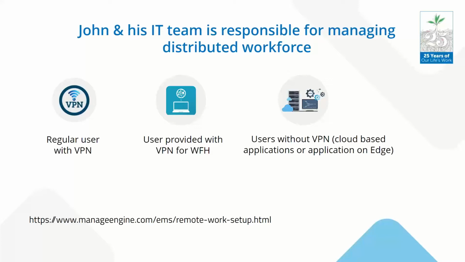So these are the three different types of users that John is dealing with when it comes to remote work. That's a setup that we have also seen in our customers, and that's why there is a link shown on the bottom of the screen that talks about the remote work setup. If you go to that link, it tells you how you can set up your Desktop Central environment for remote work.